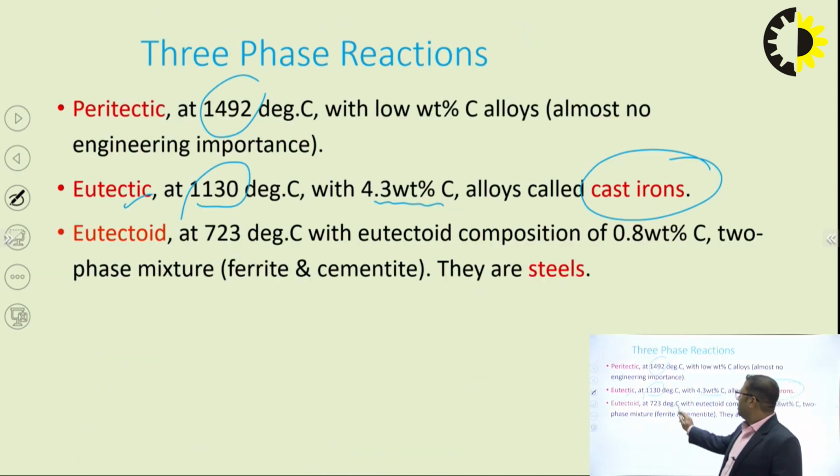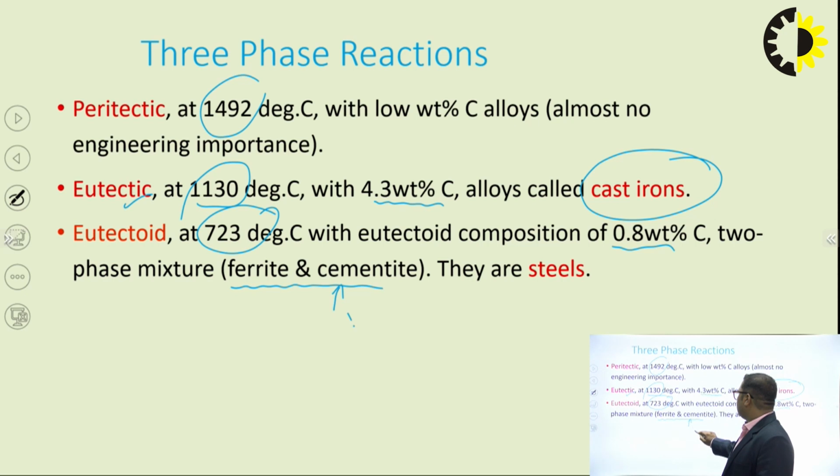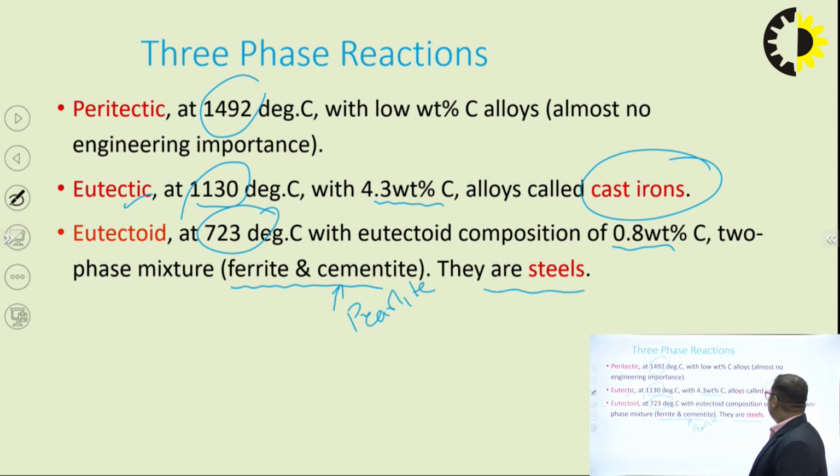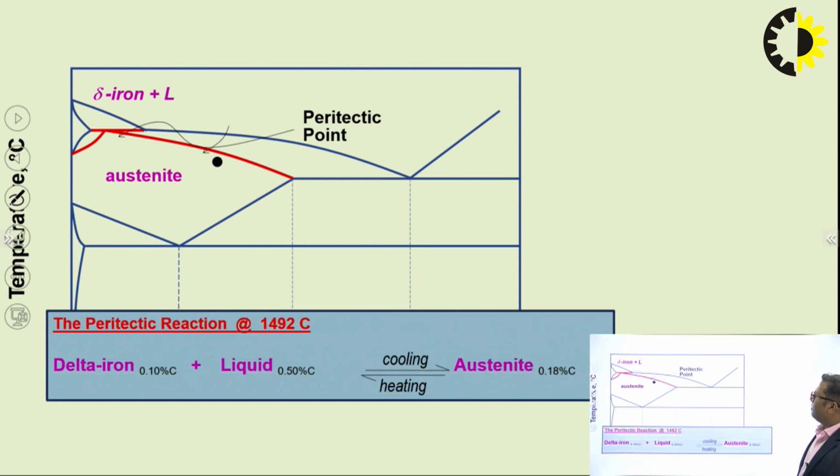So you can see here 723 degrees centigrade, and at 0.8% weight of carbon, we see the phase mixture which consists of ferrite and cementite, and this ferrite and cementite is known as pearlite, and these alloys are known as steels.